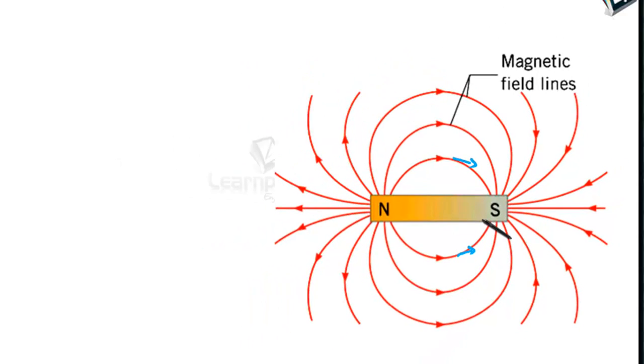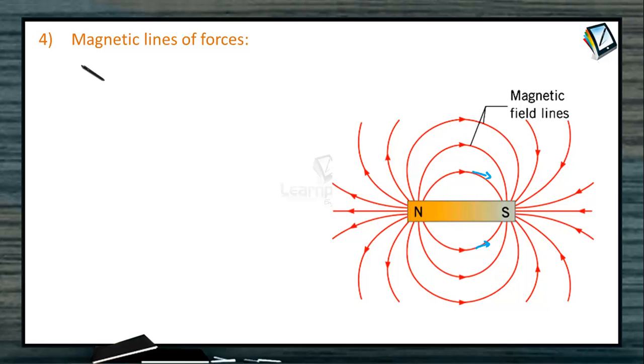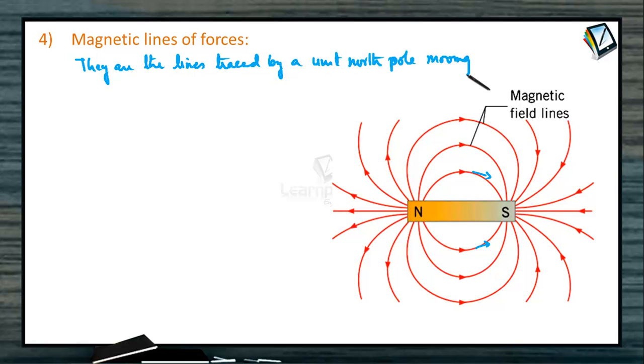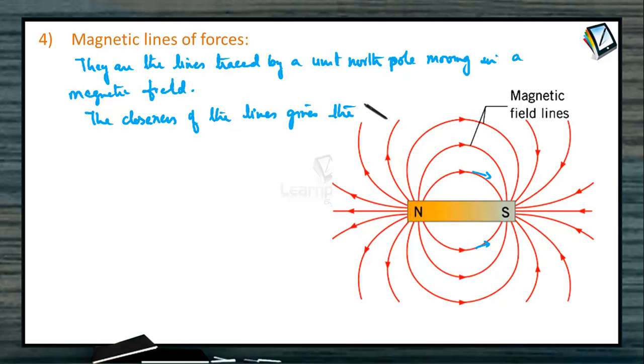These are the lines traced. The magnetic field lines are the lines traced by a unit north pole moving in a magnetic field. The closeness of the lines gives the magnitude of the magnetic field.